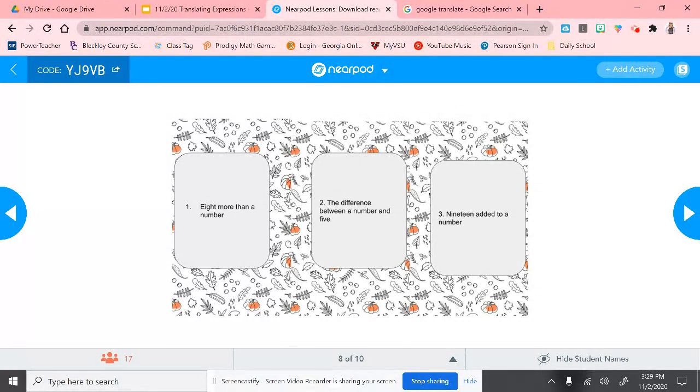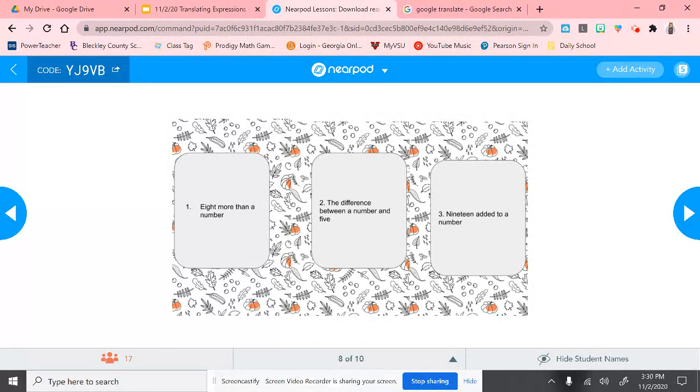There's keywords in here. What are the keywords in this problem? More than. So I can underline more than. What operation does more than fall under? Addition. So I can put a plus sign over it so I know I'm adding. Since it's a flip word, I'm going to draw an arrow. That means what's up front is now going to go to the back, and what's at the back is now going to be at the front.